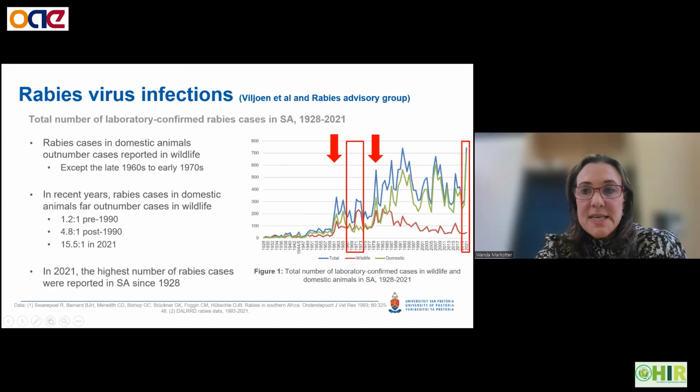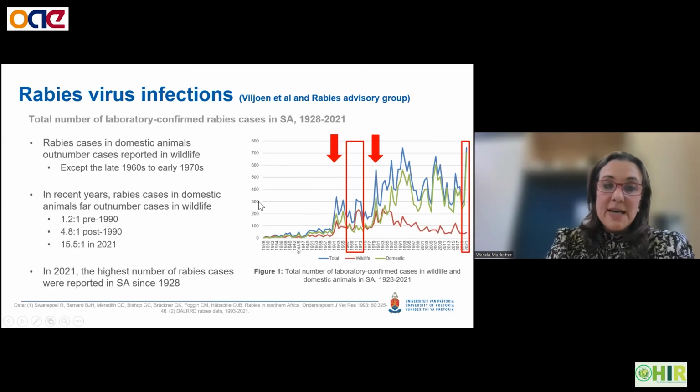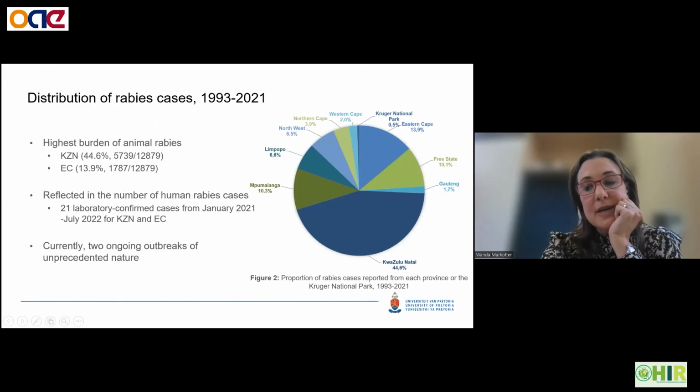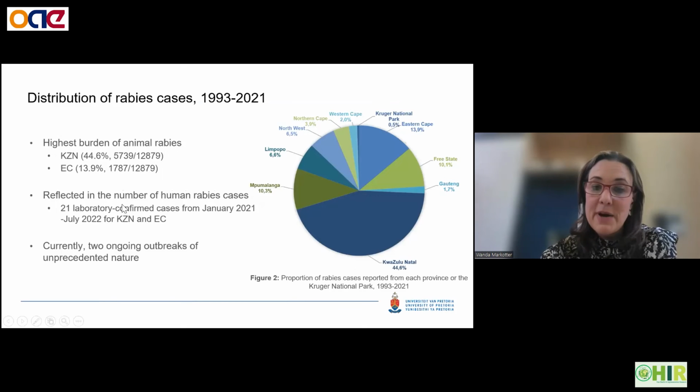You will see there were these very nice dips where we got dog rabies actually under control, and that was because we were vaccinating. The reason why we're seeing these spikes is basically a lack of vaccination currently in South Africa. Our highest burden is still in our KwaZulu-Natal province, but we also have a high burden in the Eastern Cape.